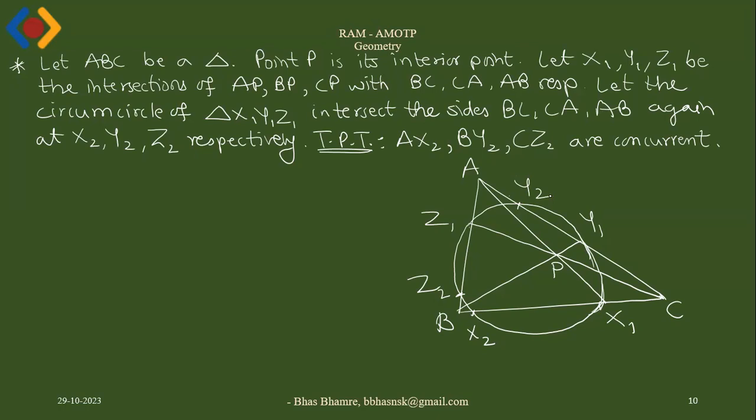It is clear that X1, X2 are not isotomic points with respect to side BC. Y1, Y2 are also not isotomic points. Similarly, Z1, Z2. But we may join these by hand as we drew the figure by hand only.